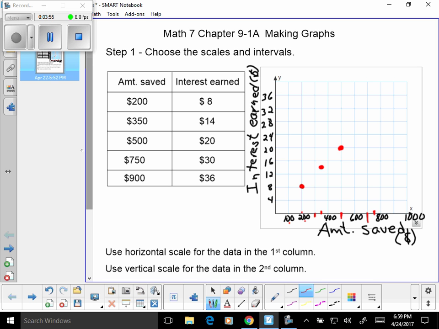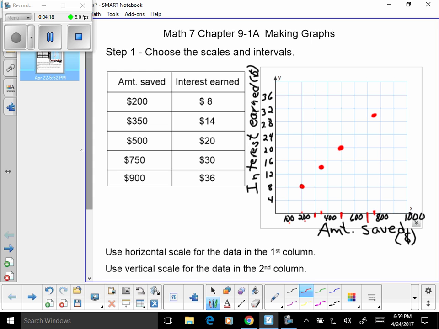And I need to go to 30, which is not on my 4, 8, 12, 16, 20, 24, 28, 32. It is halfway between 28 and 32. So I'm going to follow my 750 line all the way up until I can make a dot in the center of that particular box.